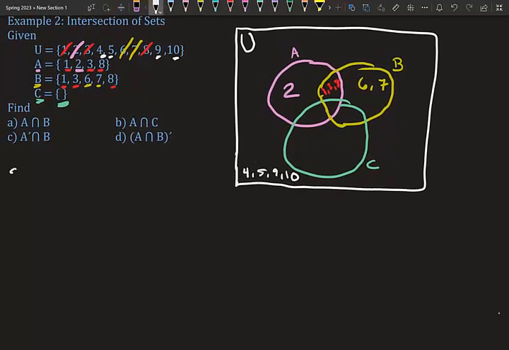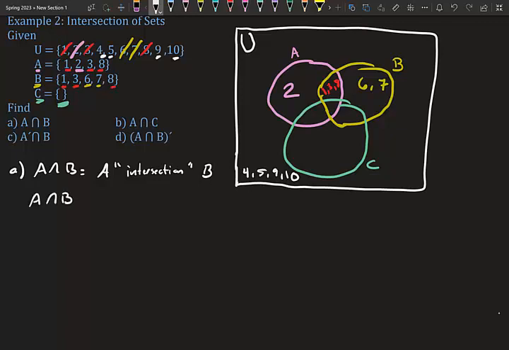So A, upside down U, B, that's actually saying A intersection B. So it's where A and B meet, what answers are there.